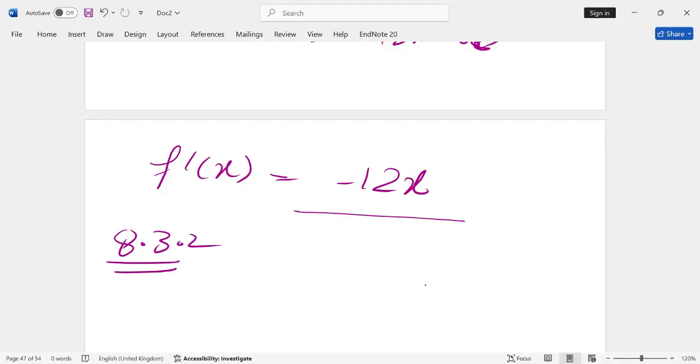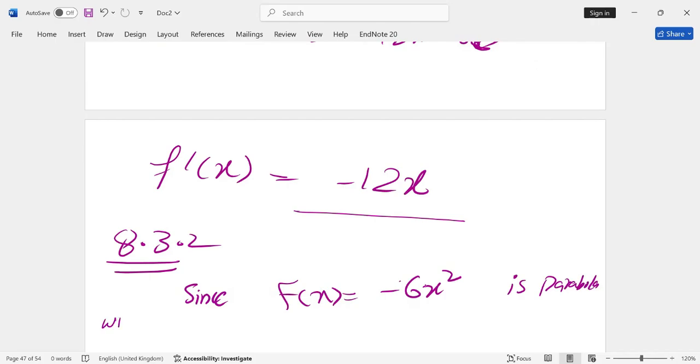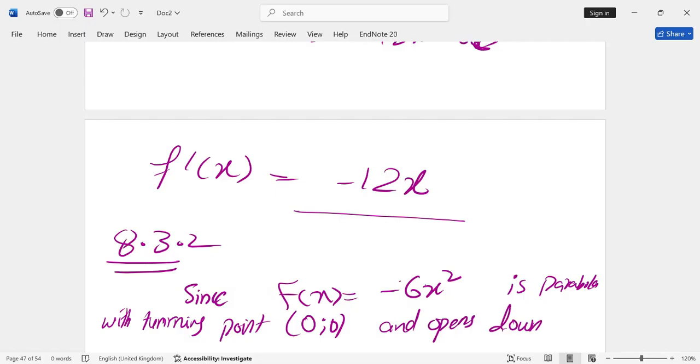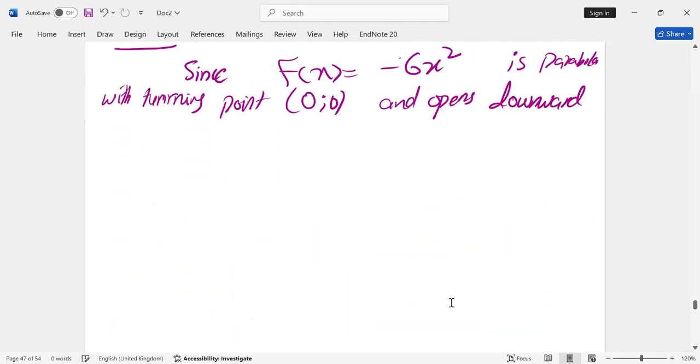So as you can see, since the function f of x equals minus 6x squared is a parabola with turning point 0, 0 and opens downward, we must restrict the domain to one side of the turning point.